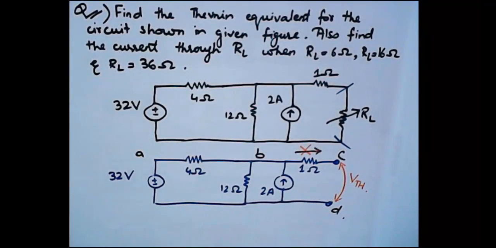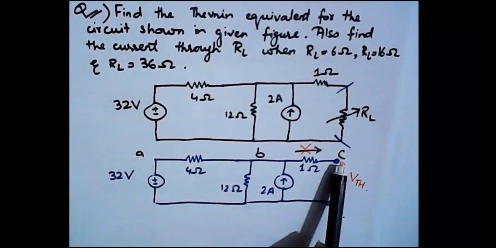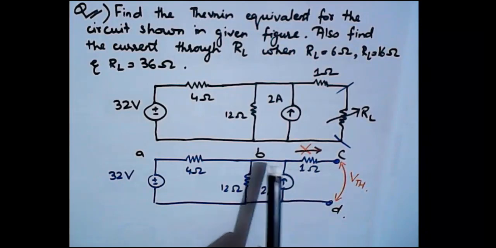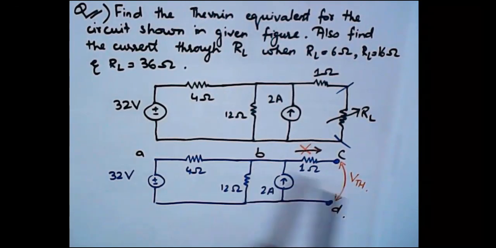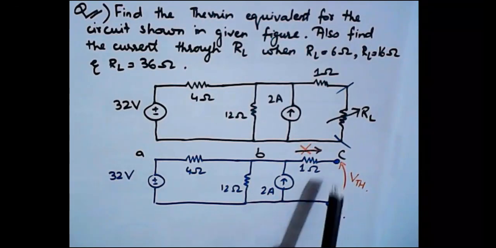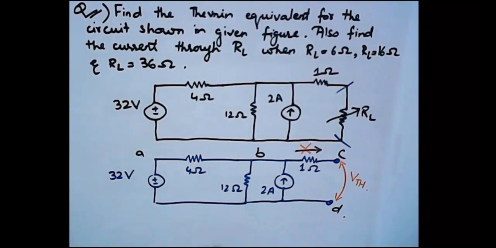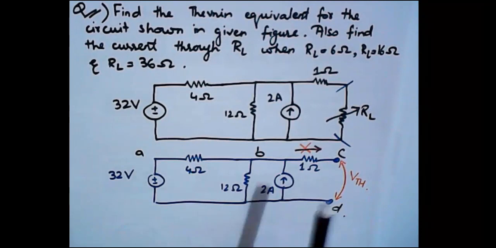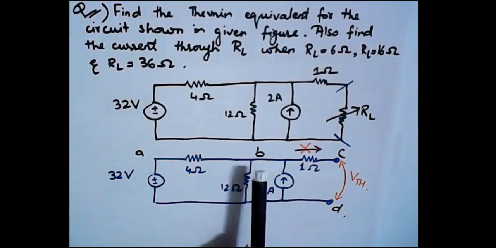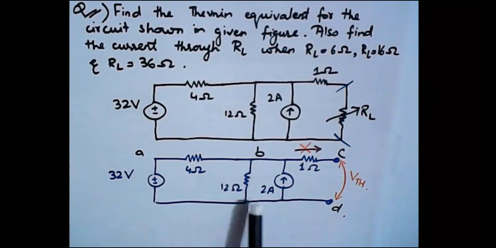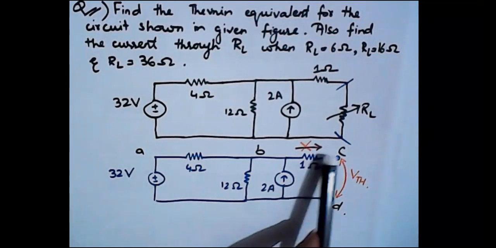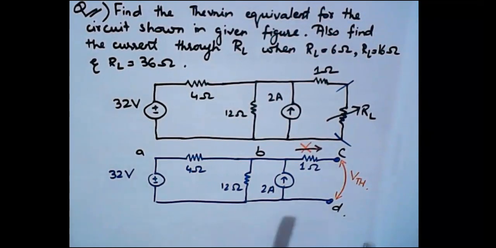Now the important thing is that the voltage VC is equal to the voltage VB, and this is the Thevenin voltage. And why is this the case? Because since we have open circuited the load terminal, there will be no current through the 1 ohm resistance. And since there will be no current through the 1 ohm resistance, the voltage between VB and VC will appear as it is at point VC and VD.